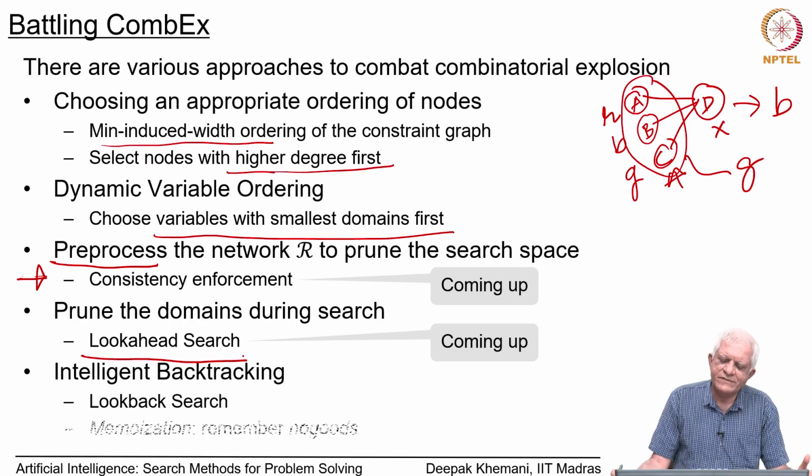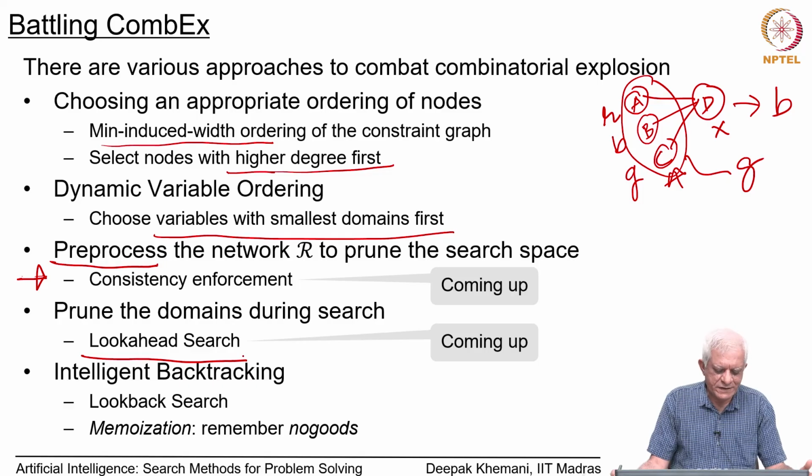But there is also this very interesting idea of intelligent backtracking essentially. We will mention it in passing, but the basic idea of intelligent backtracking is this, that if you have reached a dead end, let us say in the ith node, the backtracking algorithm says go back to I minus 1 and try a different value essentially.